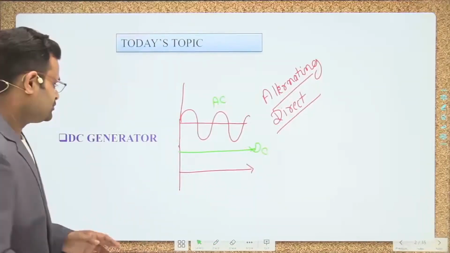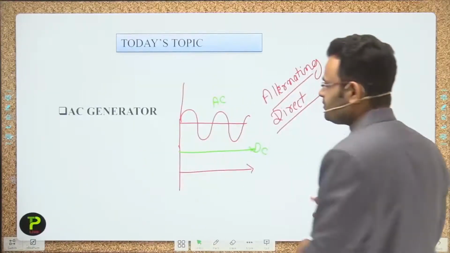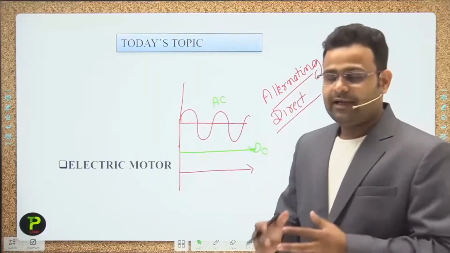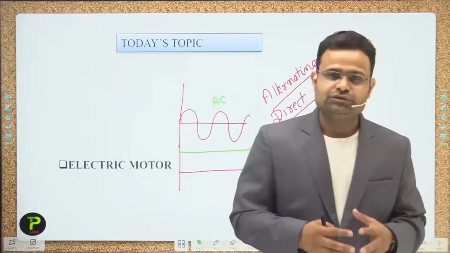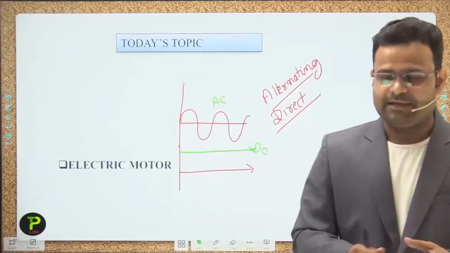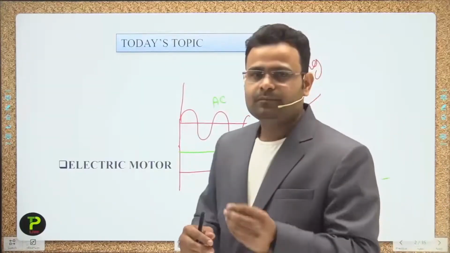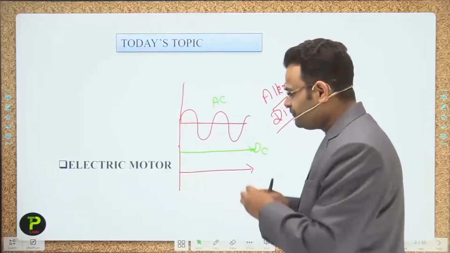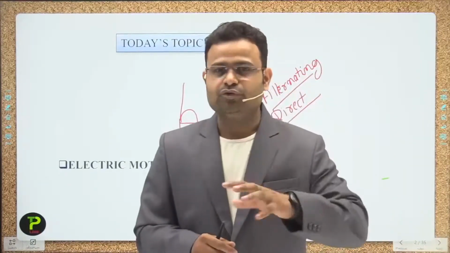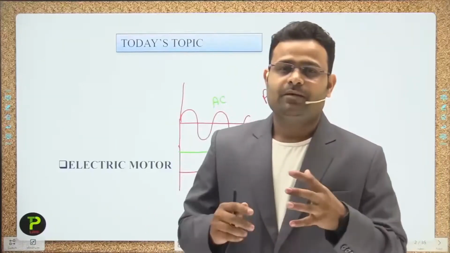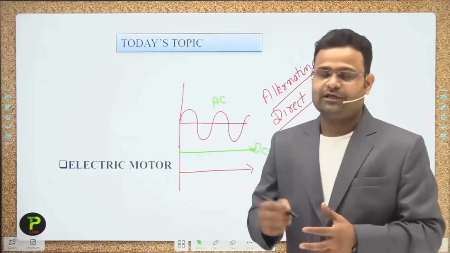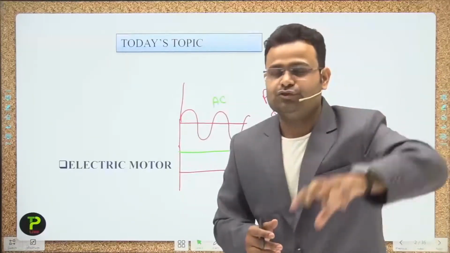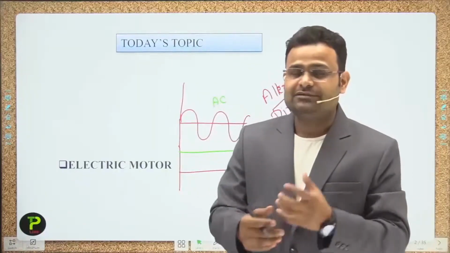Okay guys, after that we discuss the electric motor. What is the electric motor? Every person uses the electric motor for many purposes, sometimes in toys for boys and girls, and sometimes we use the electric motor for power. For example, whenever we require water to go from the ground floor to an upper floor, we use the electric motor to give energy.